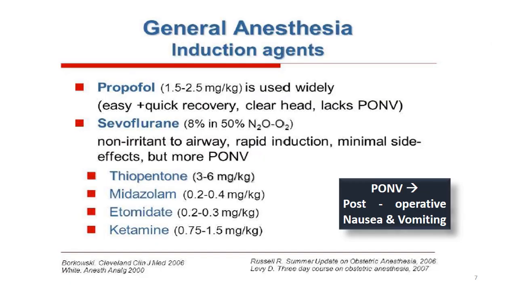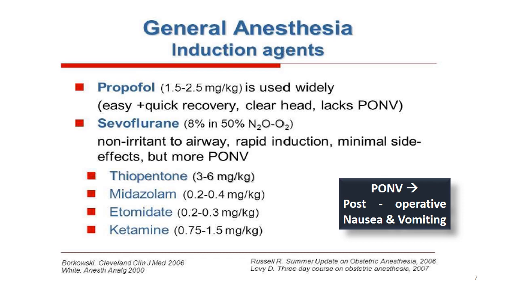Now coming to induction agents of general anesthesia, when we induce a patient for general anesthesia, we can use propofol. It is very widely used because it is easy to administer, has quick recovery, and lacks post-operative nausea and vomiting. Another agent is an inhalational agent like sevoflurane, which is mainly used in combination with nitrous oxide and oxygen.